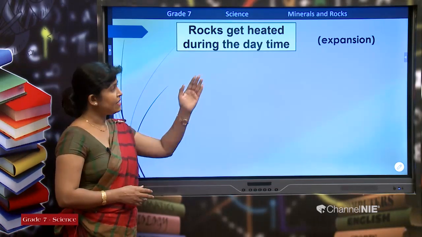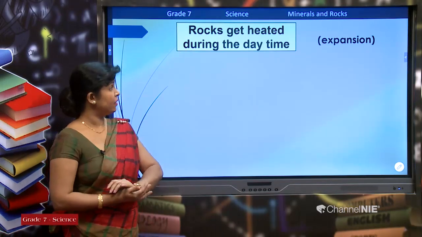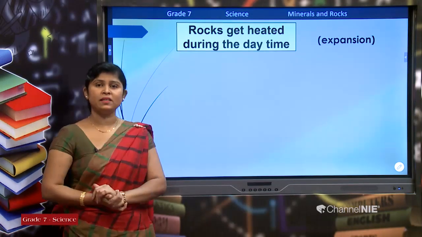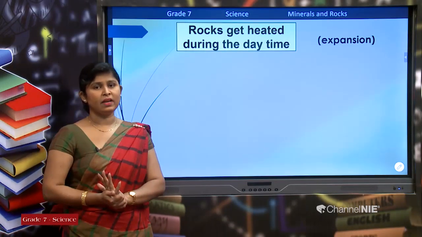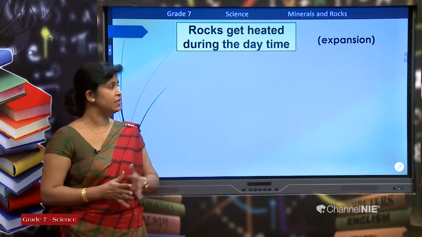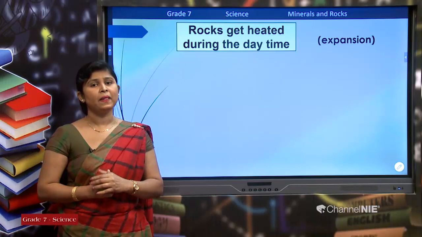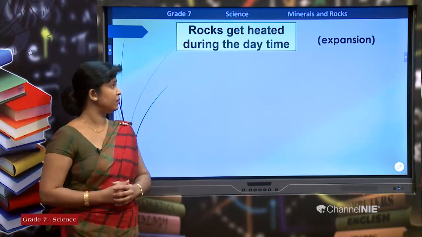Then that is known as expansion, right? When you were learning about heat in grade 6, you learnt about expansion, right? When something is getting larger due to heat, it is known as expansion. In the same way, the rocks get expanded, right?